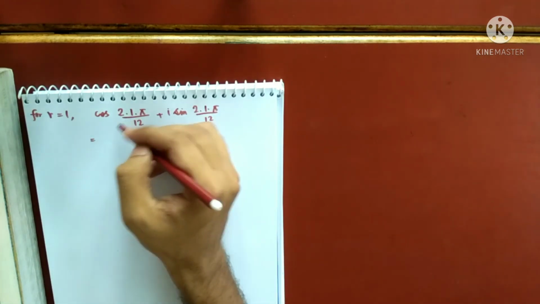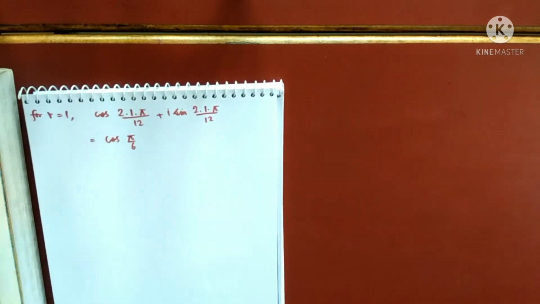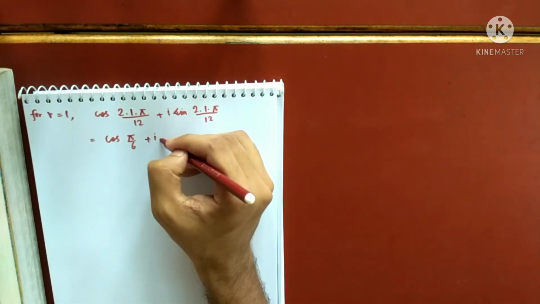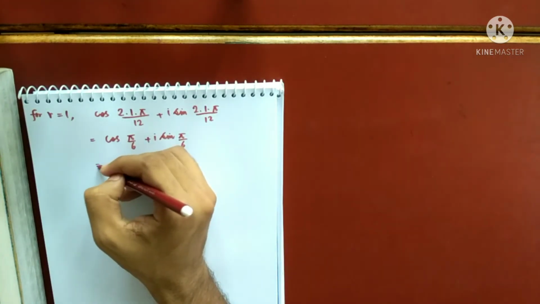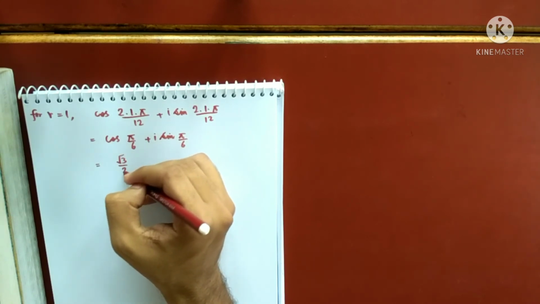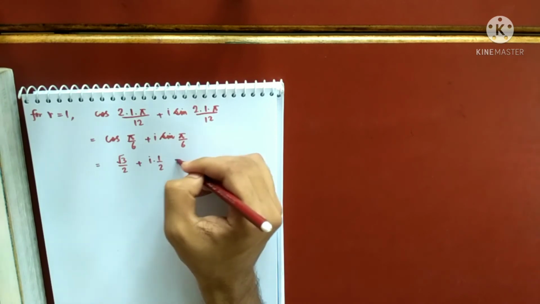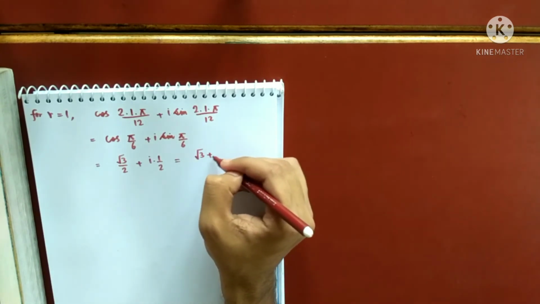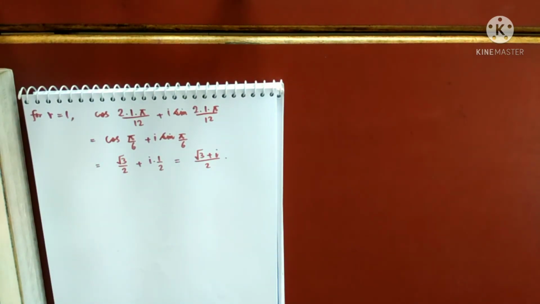That is cos of pi by 6 plus i sine pi by 6. Pi by 6 means 30 degrees. Cos 30 degrees is root 3 by 2 and sine 30 degrees is half. So what is the answer? Root 3 plus i by 2. So this is one special root.